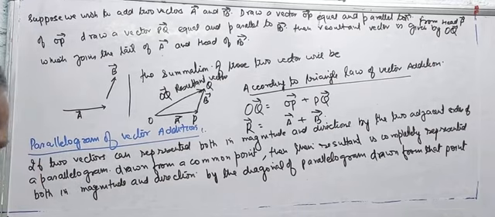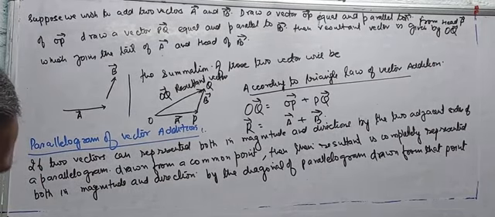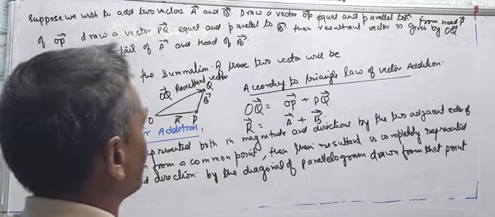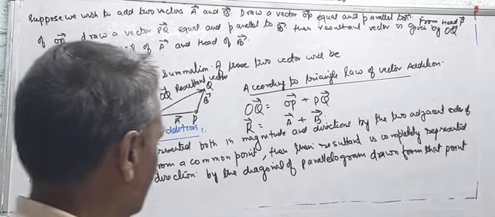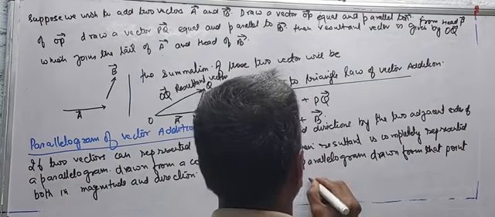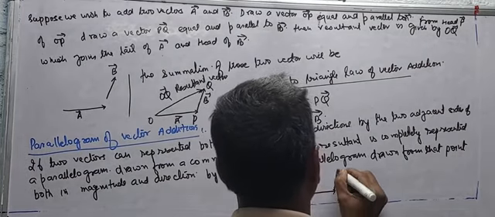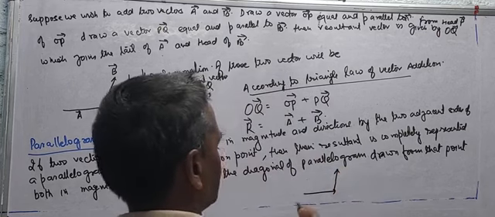Now we will see polygonal law of vector addition. In mathematical form, this is A vector and this is B vector.